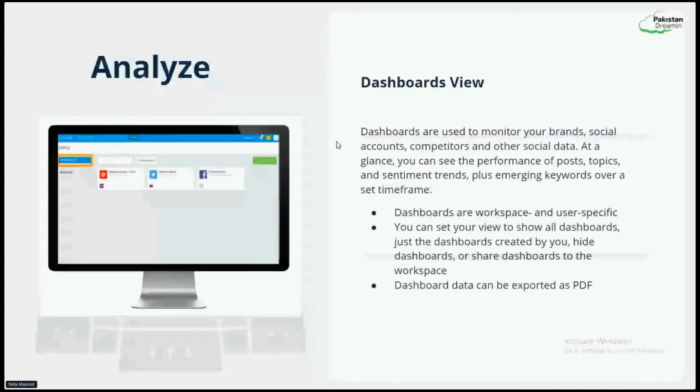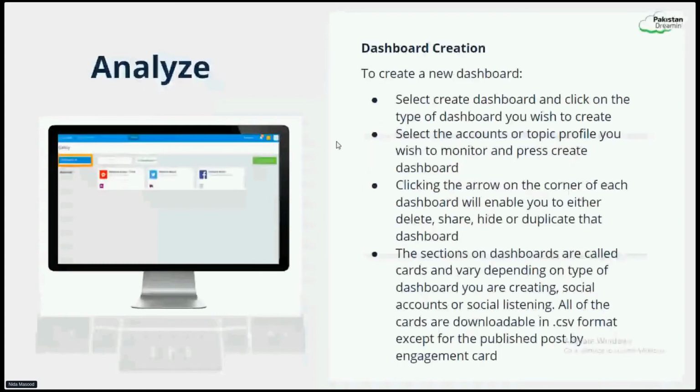To create a dashboard, you simply go to the green button that says create dashboard, and then it asks whether you want a listening dashboard that gets all the feeds and posts from topic profiles, or a social account dashboard, which is specific to each platform.